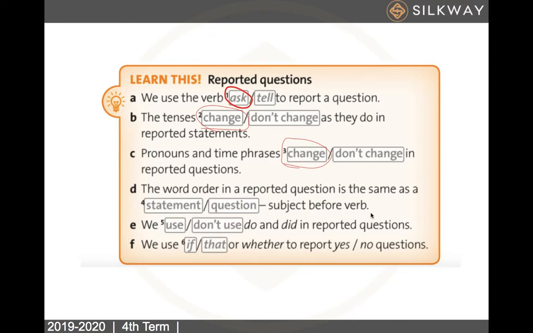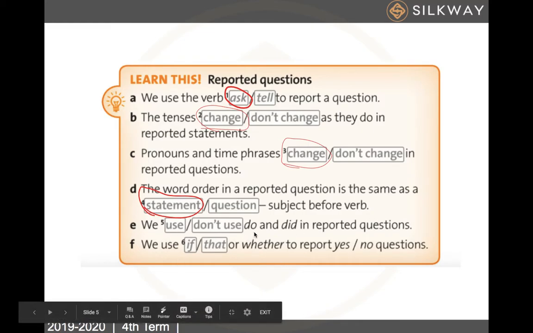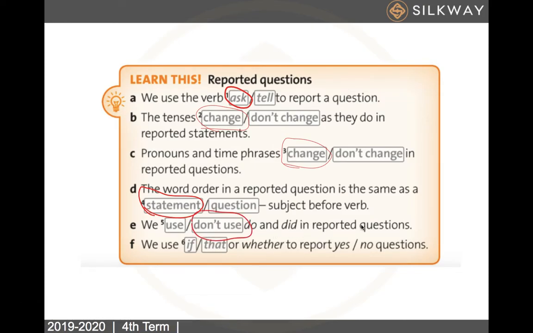That's what we said in a previous slide. So this is as a statement, not like a question, when the auxiliary comes first. Do we use do or did in reported questions? We don't use the auxiliaries. We use if or whether to report yes/no questions. Yes, we use if and whether for yes/no questions.